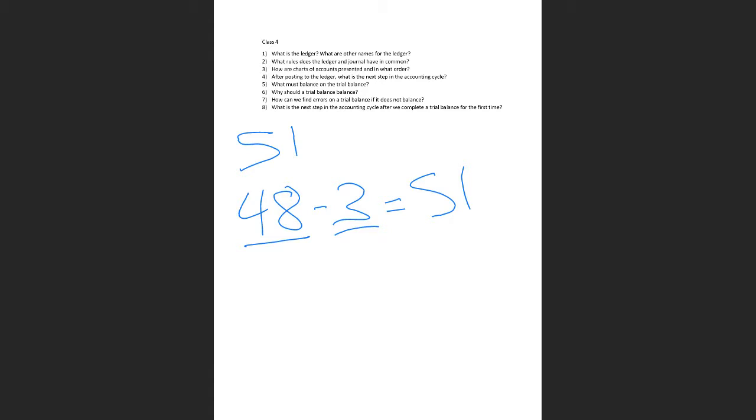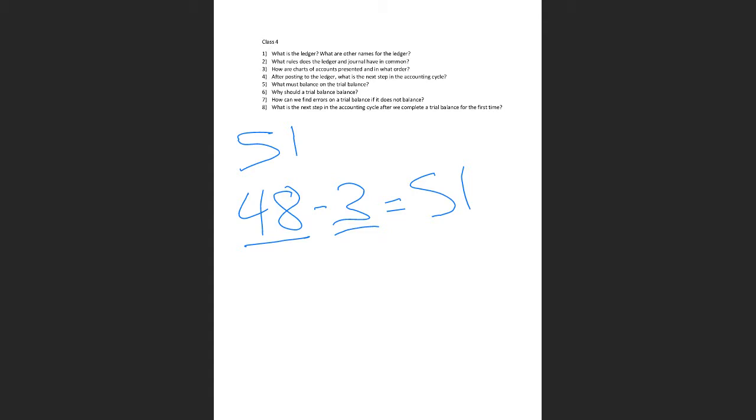You do the first account of the first transaction first, the second account of the first transaction second, and so on all the way down your journal. Once you've completed all of that, take your balances, and once you have all your balances in your general ledger, move them all to the trial balance in the order that they appear on your general ledger.